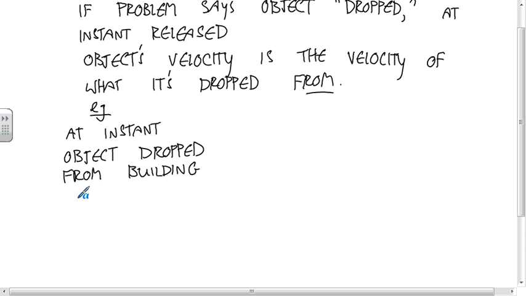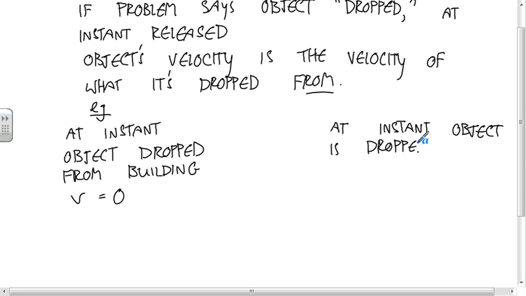The velocity is equal to 0, okay? At the instant an object is dropped from a helicopter, the object has the same velocity as the helicopter. And, you know, that would be given in the problem.